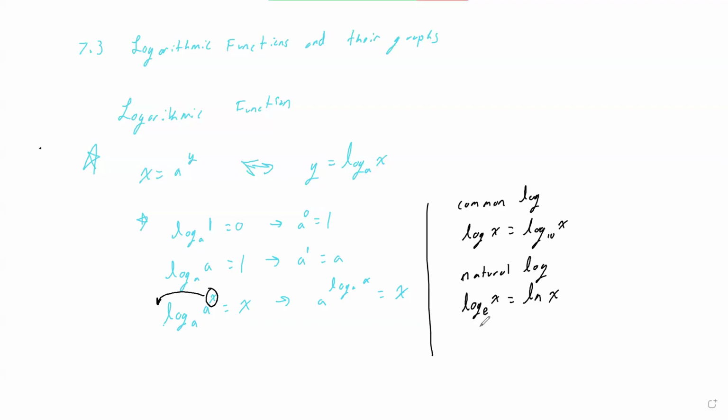So if you see ln, it's basically just log base e, and it shares the same little rules. The natural log of 1 is still 0. The natural log of e, since they'll technically be the same, is equal to 1. The natural log of e raised to the x, just like that one, is x. And because of this, e to the natural log of x is equal to x. So natural logs carry the same rules that the logarithms do.